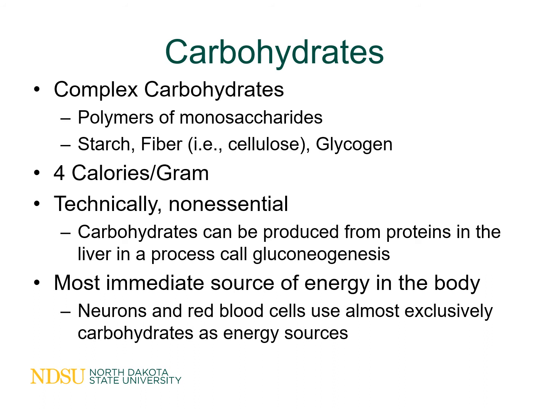That's because they can be produced from proteins in the liver in a process called gluconeogenesis. In other words, a person can eat protein and make carbohydrates. Carbohydrates also represent the most immediate source of energy in the body. Neurons and red blood cells almost exclusively use carbohydrates, although they also can use something called ketone bodies.